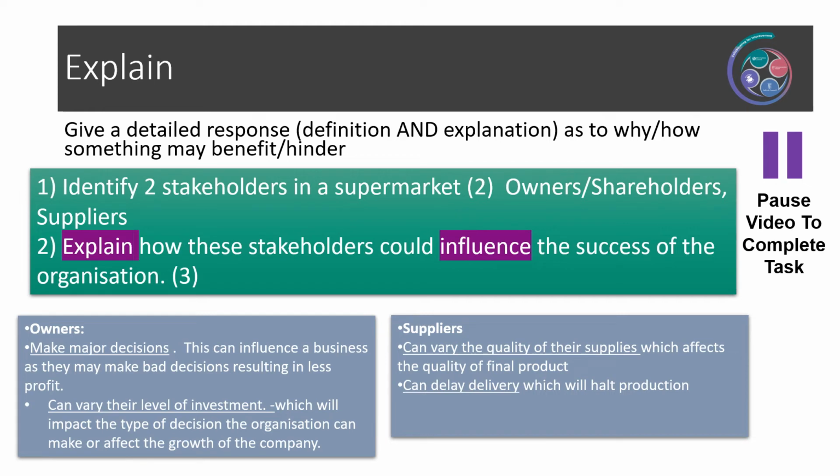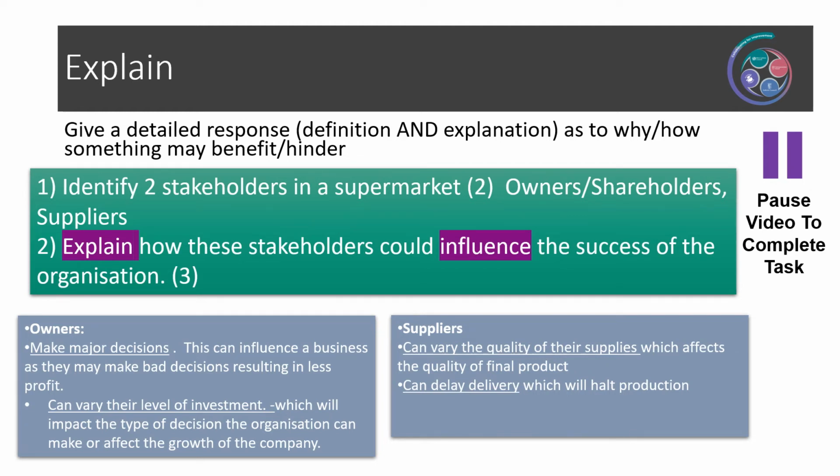Talking about suppliers then, so you do the exact same for the suppliers, and the suppliers can vary the quality of their supplies. This is a disadvantage, which affects the quality of the final product. And again, you can see here that I've got your point, and then I've got your explanation.